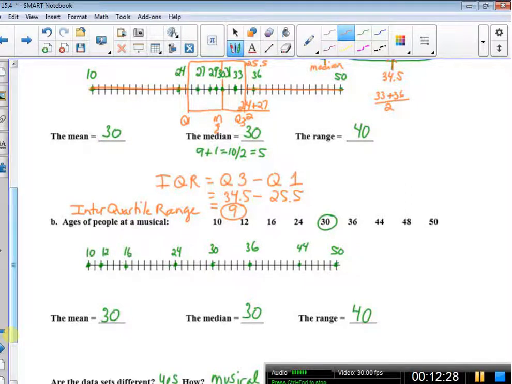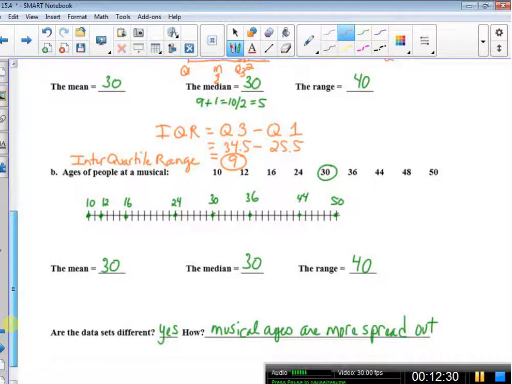All right, now ages of people at a musical. For this one, again, the median is here at 30. This is the median. Again, if I take the data points to the left, I'm looking for this value here for the ages of people at a musical, and that is 14, and that's quartile 1.